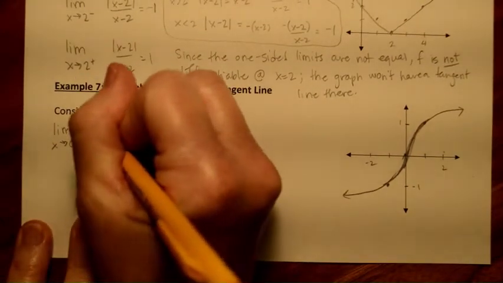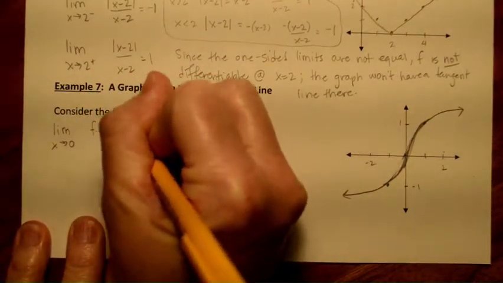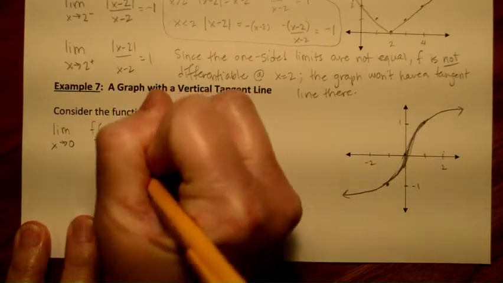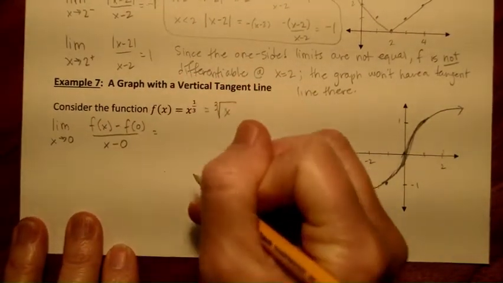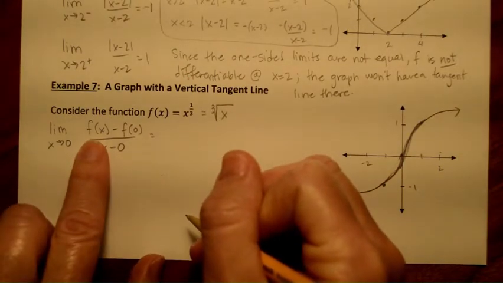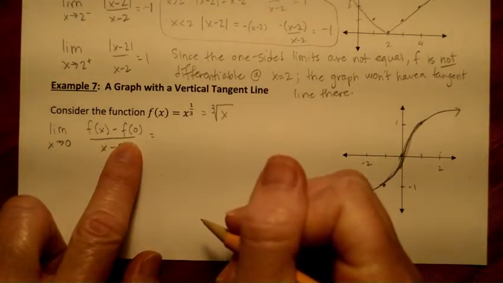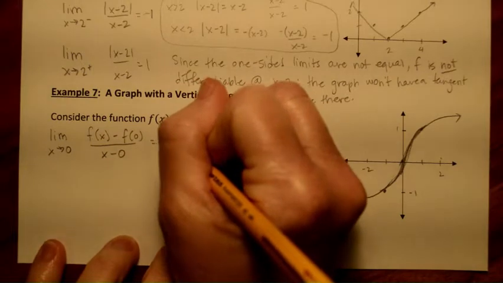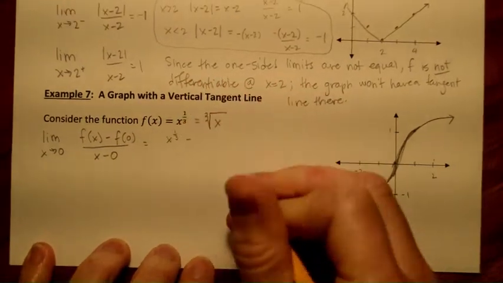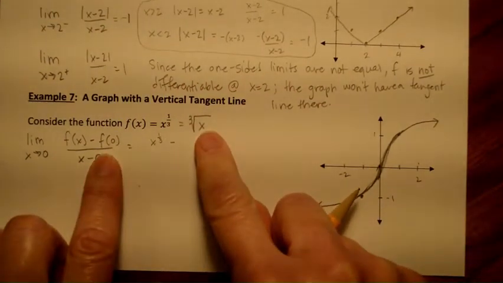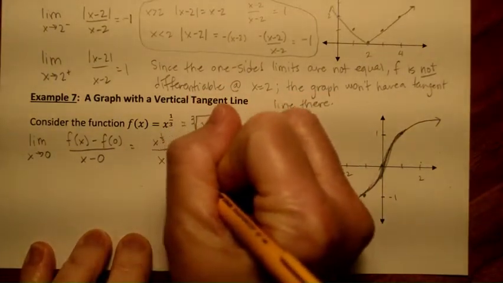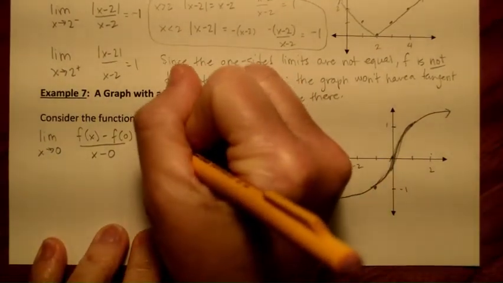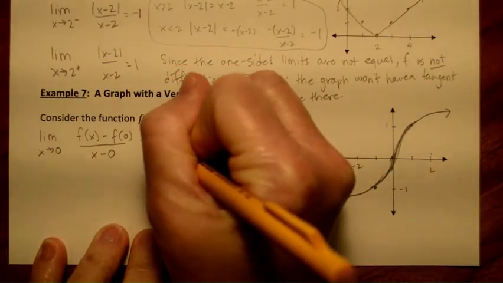So it's f of x minus f of 0 over x minus 0. Now I'm going to put in the specific function for f of x and the specific value of the function at 0. So we get x to the 1/3 minus, and we plug 0 in for f of 0, we end up with 0, all over x minus 0. Sorry, I forgot my limit here. Limit as x approaches 0.